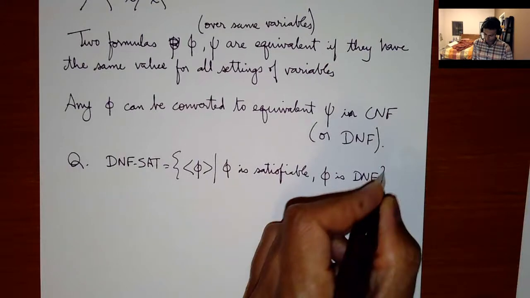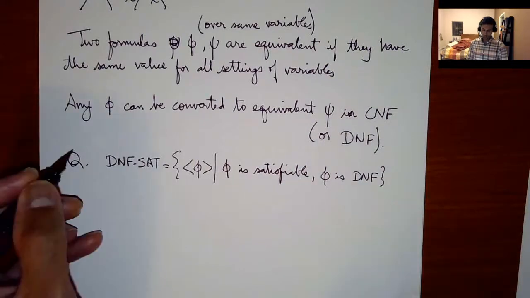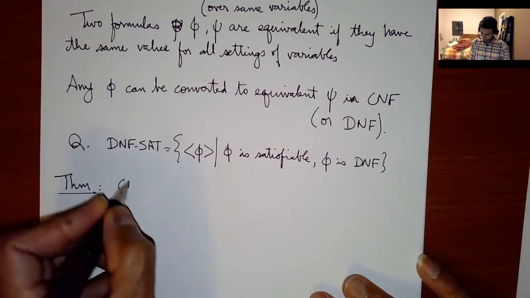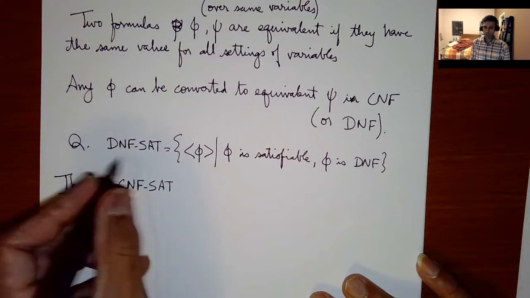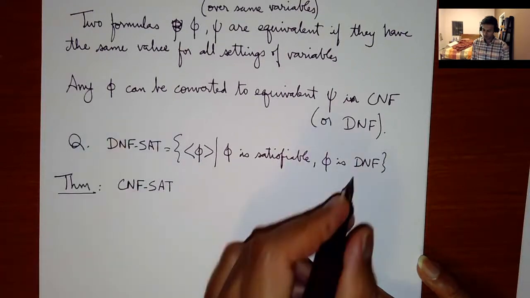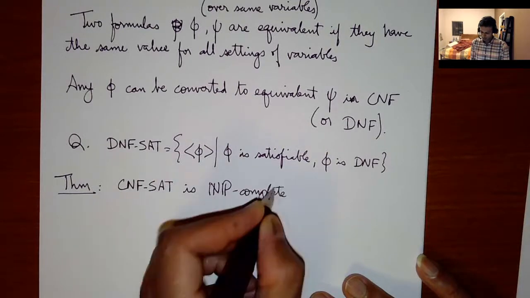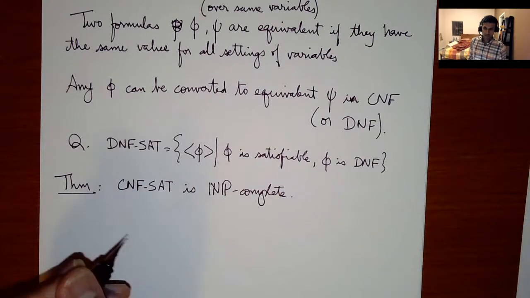So my question is somewhat more complicated. So let me first state a theorem that we're going to prove. I'm going to prove that CNF sat, which is the equivalent version where phi is a CNF, is NP-complete. Previously, we just showed sat is NP-complete. But now this is saying even if you do CNF sat, it's NP-complete.